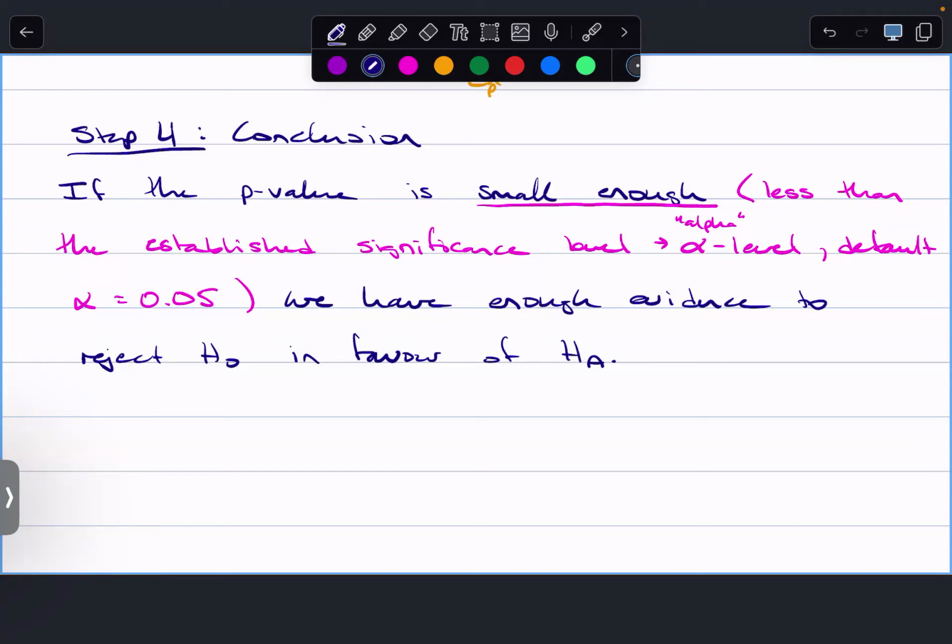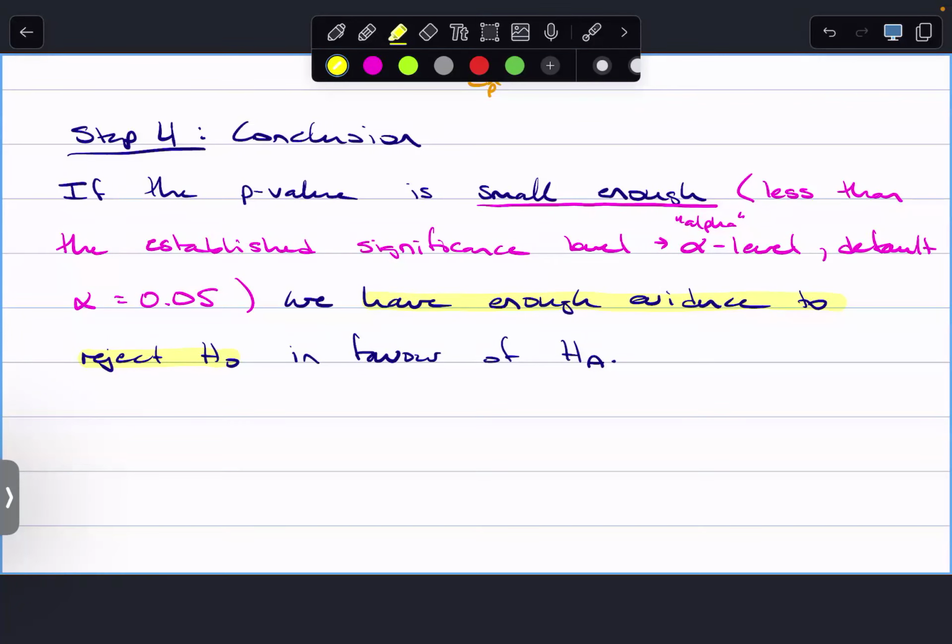But I'll hold off on writing that because I'll rewrite this blurb with the 2 different options. I just want to talk about: we have enough evidence to reject H naught. So you either have enough evidence to reject H naught, or you do not have enough evidence to reject H naught. Those are your only 2 options.